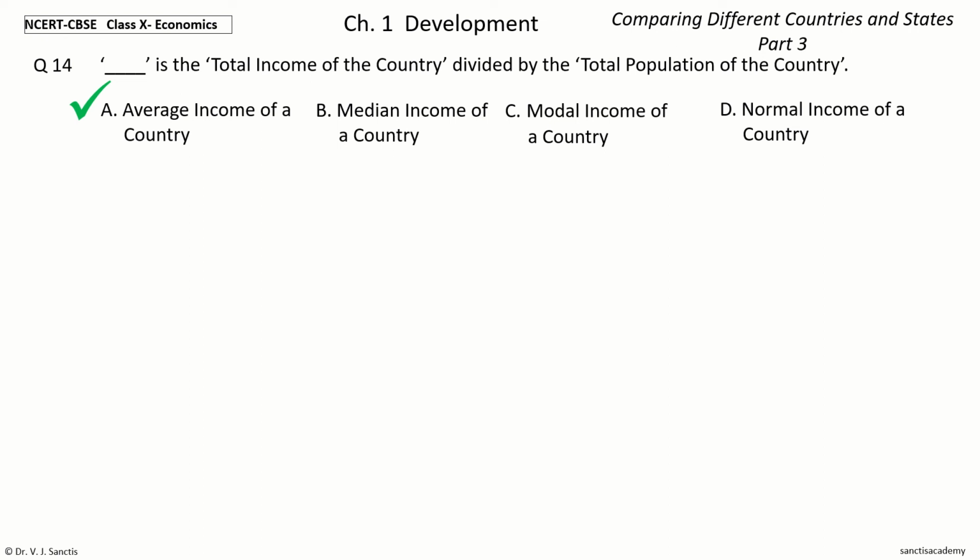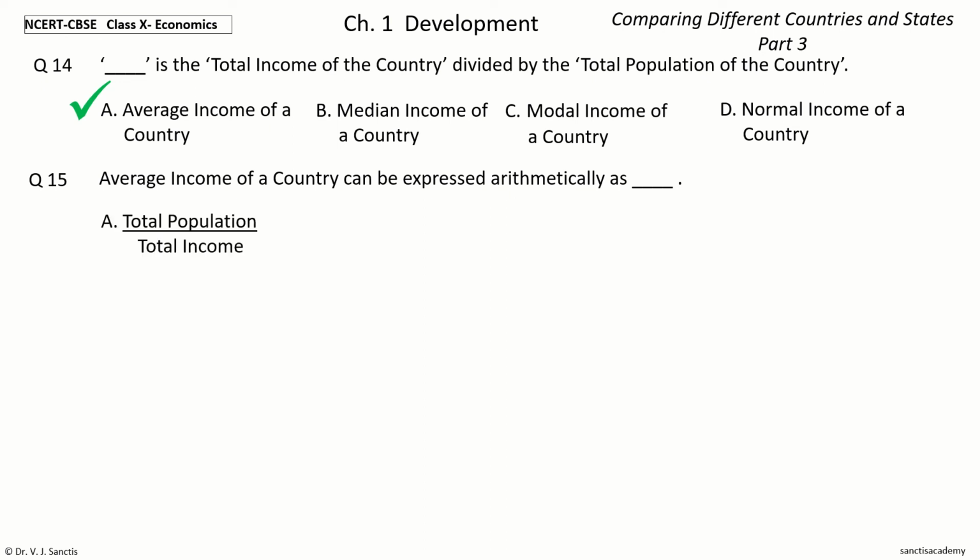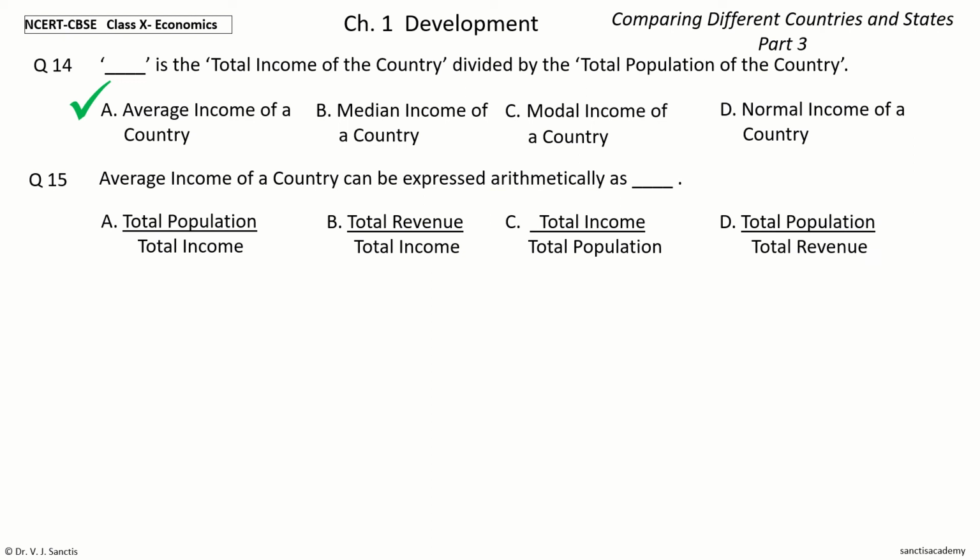So, average income of a country is the total income of the country divided by the total population of the country. Question 15. Average income of a country can be expressed arithmetically as dash. The options are total population upon total income, total revenue upon total income, total income upon total population, total income upon total revenue.